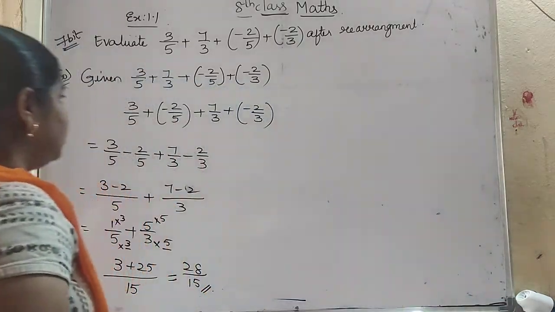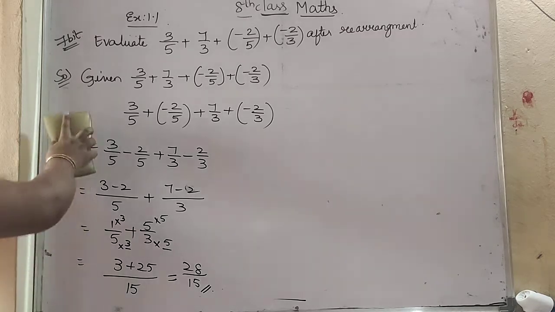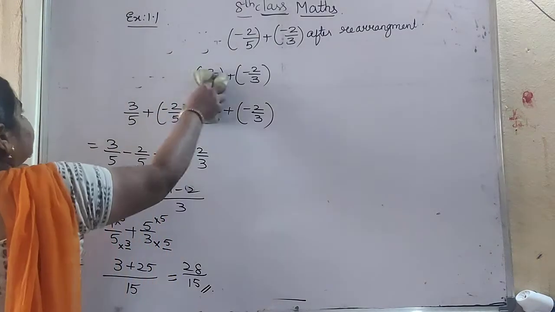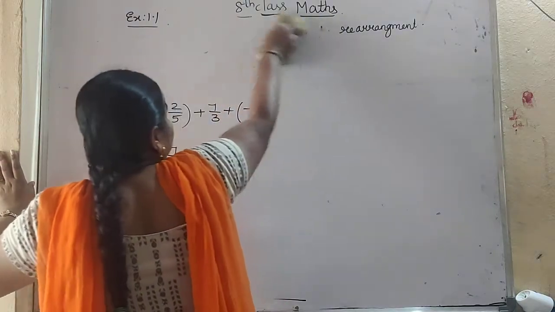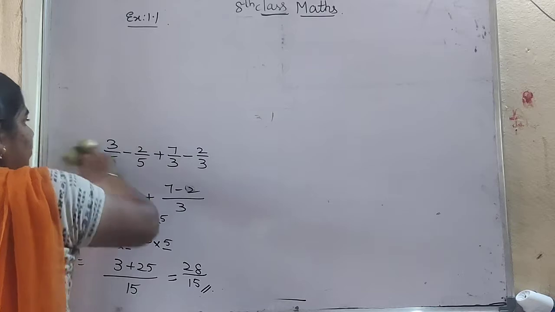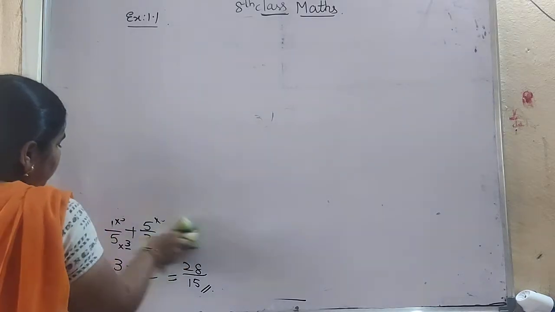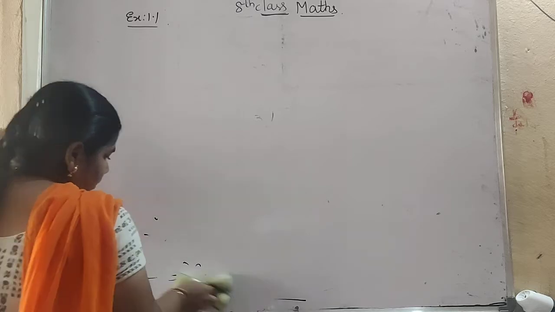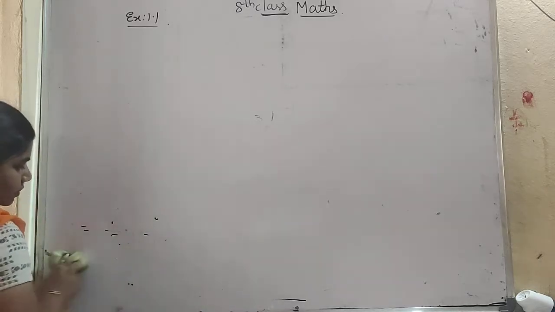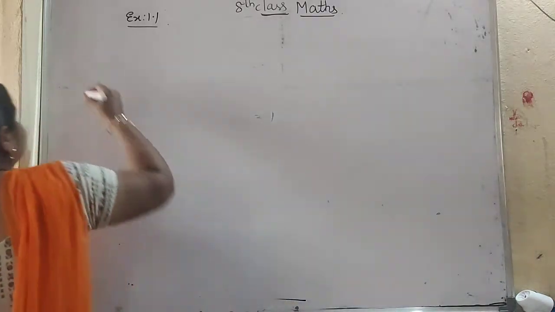So next one. Next one is subtract. So we have to subtract the given terms now. So in the 8th bit, we have to subtract the given terms.